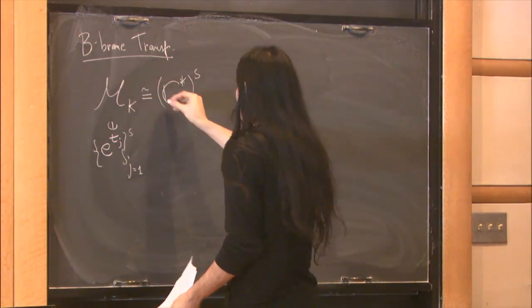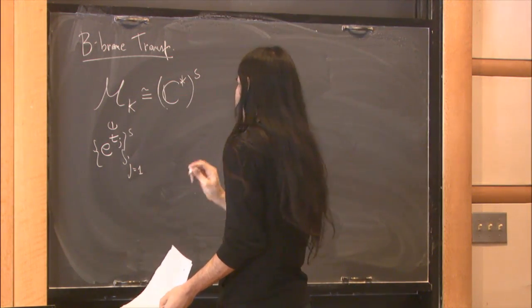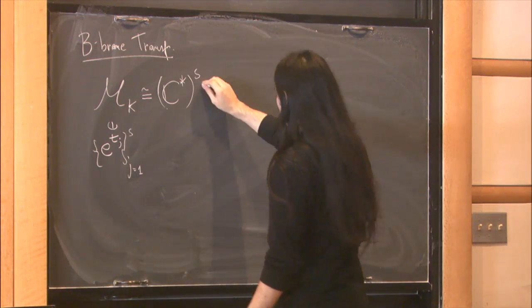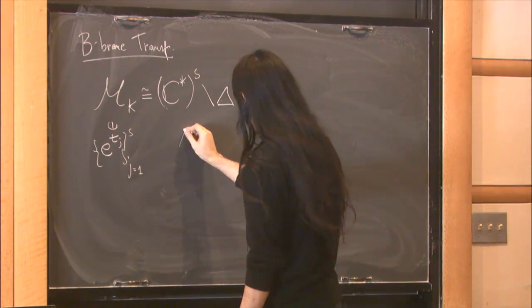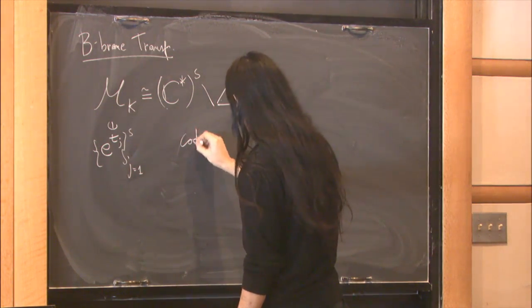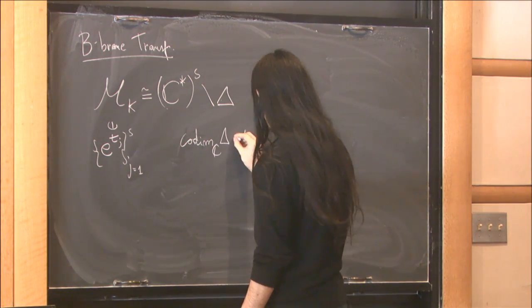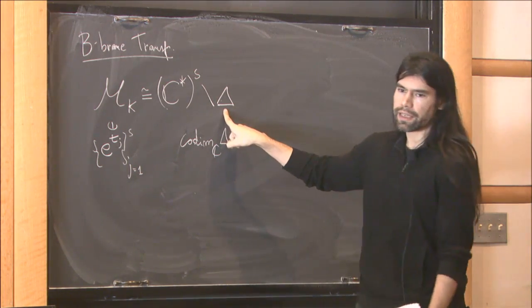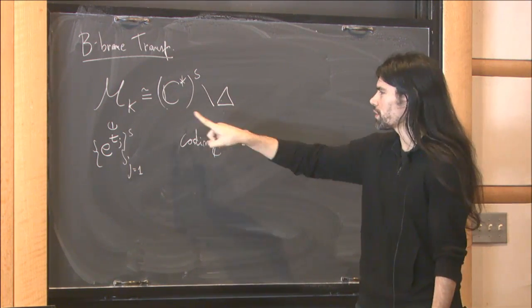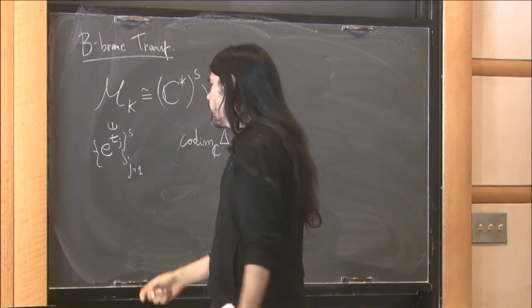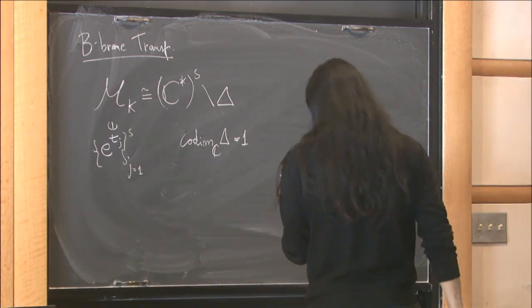The theory is singular there. So there are some complex codimension 1 loci that I need to remove from here. That's what makes this space actually not so trivial.